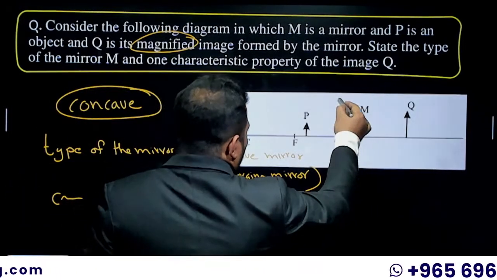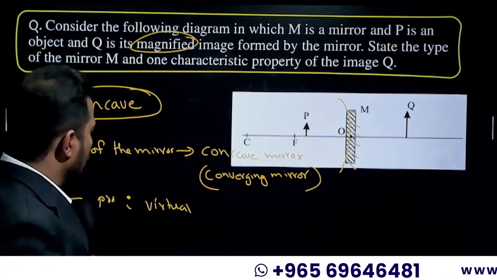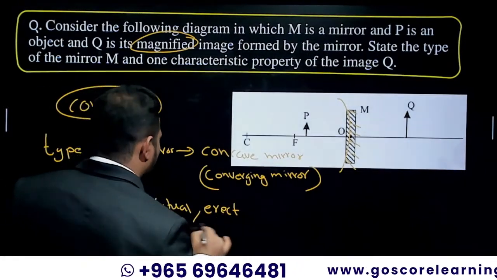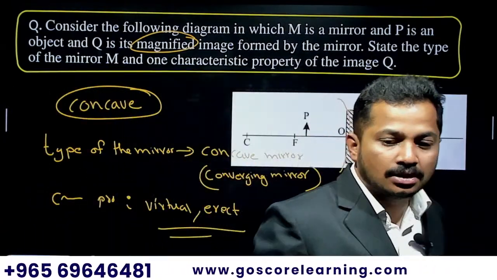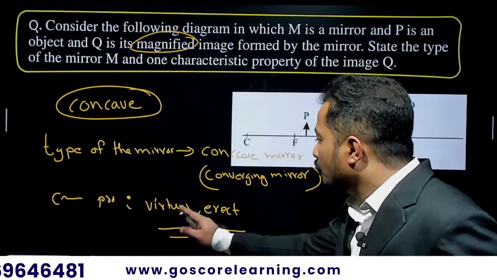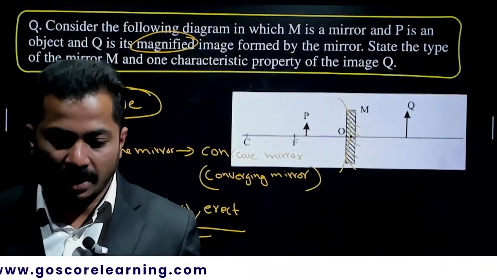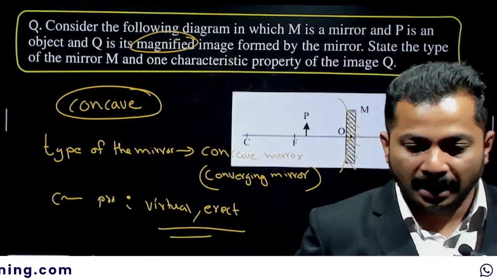Here the concave mirror is like this, right? So the image is formed behind the mirror, which is erect. So virtual image, erect image, this is enough. One characteristic property is asked. So the characteristic properties of the image formed are virtual, erect and enlarged, and the image is formed behind the mirror.